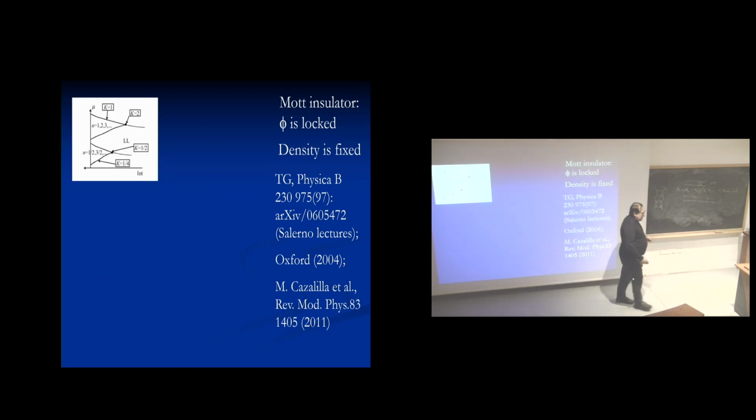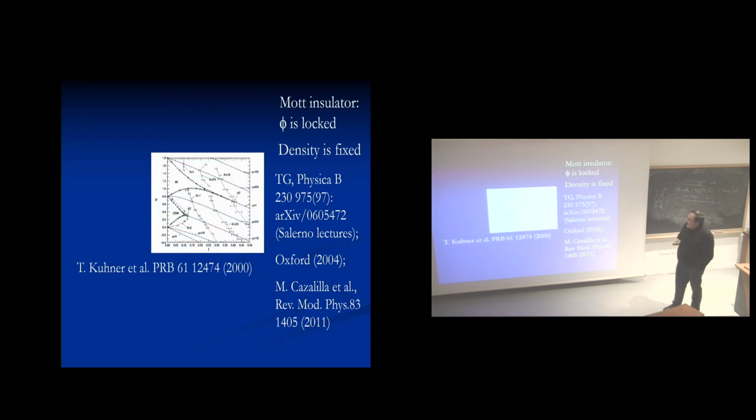But this is a beautiful confirmation that indeed you get these universal values at the tip here of the transition between the superfluid and the Mott insulator. Note that the Mott insulating phase is extremely narrow here because the gap is exponentially small.